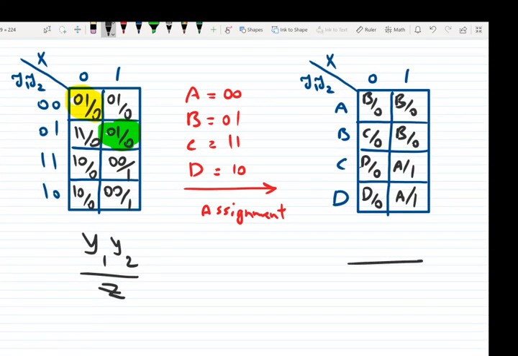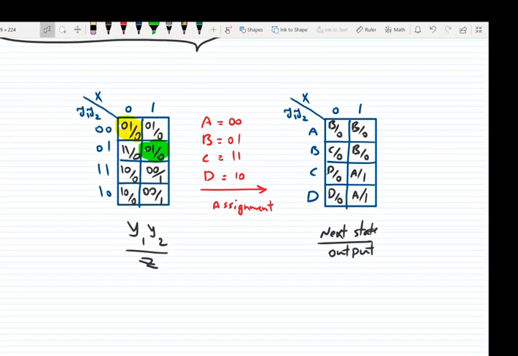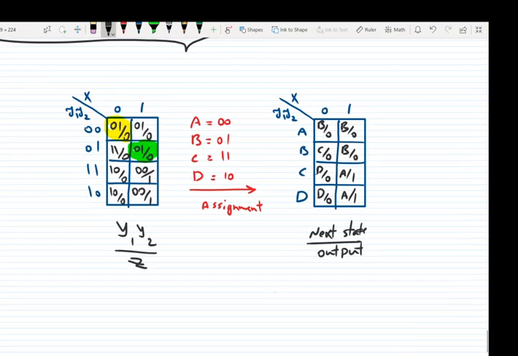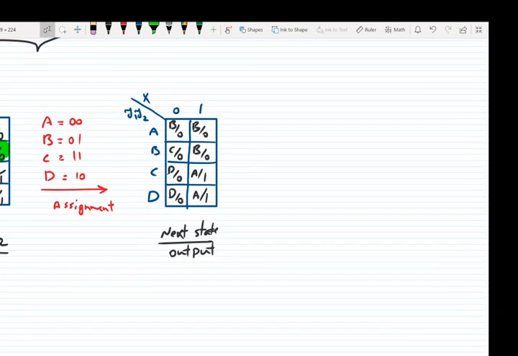And this one in fact is the next state, and in the denominator we will have the output. So this is the complete state table, and from a state table we can easily draw the state diagram.